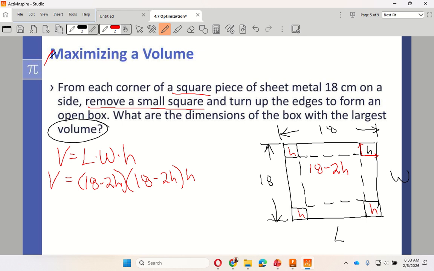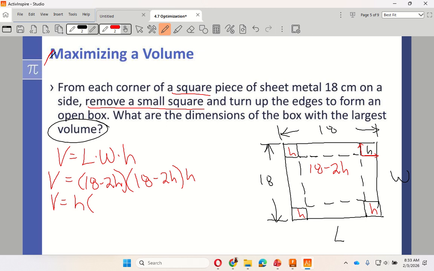So let me see. Volume is equal to h times the quantity of 18 times 18, which is going to be 18 squared. Someone help me out. 324.